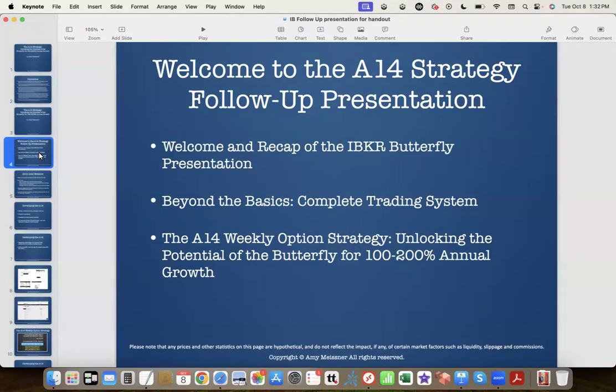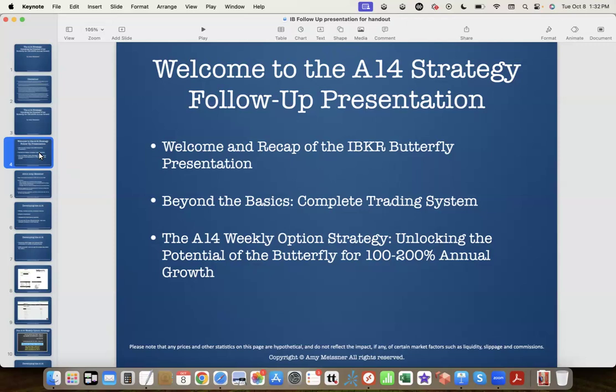We discussed the basics of the butterfly setup and some of the most popular variations, such as the broken wing butterfly, and its versatility across different market conditions, and how you can adjust it based on your market bias, such as neutral, bullish or bearish.